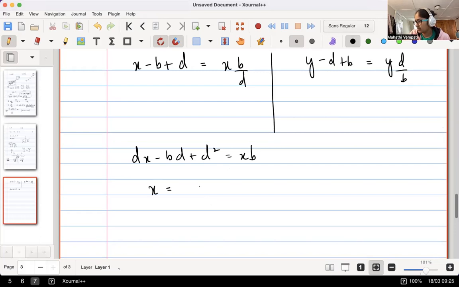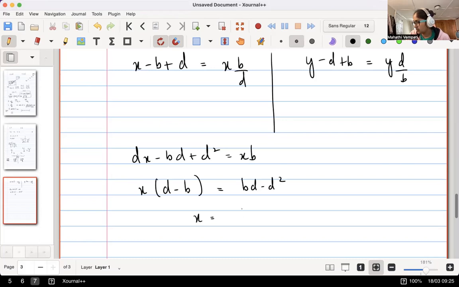You have x into d minus b is equal to bd minus d square.